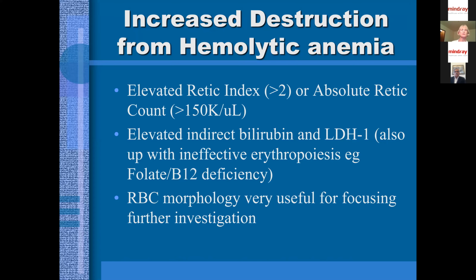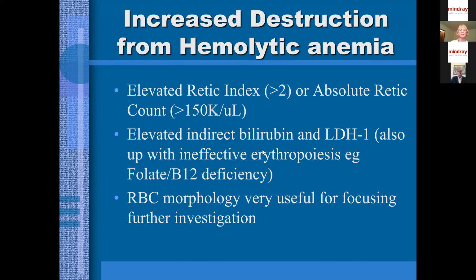So again, with the increased destruction from hemolytic anemia, you have an elevated reticulocyte index or absolute reticulocyte count, but you also have elevated indirect bilirubin and LDH1. So that is sort of the hallmark, the chemistry hallmark, confirming that there is hemolysis going on.